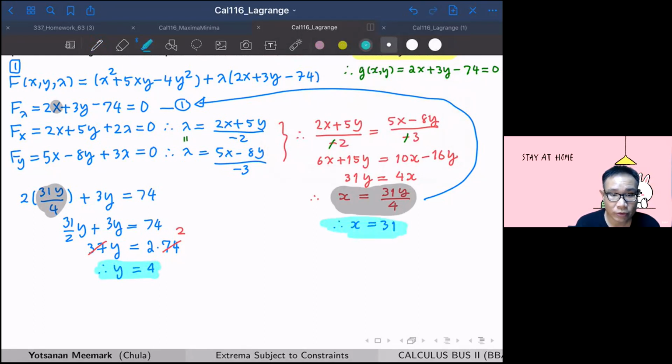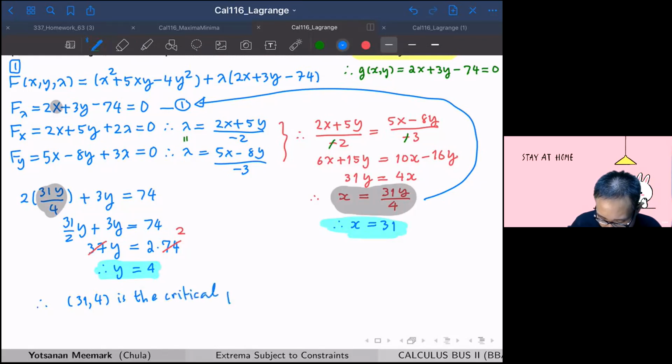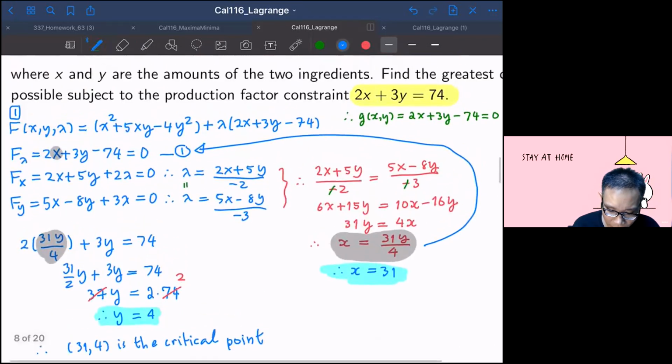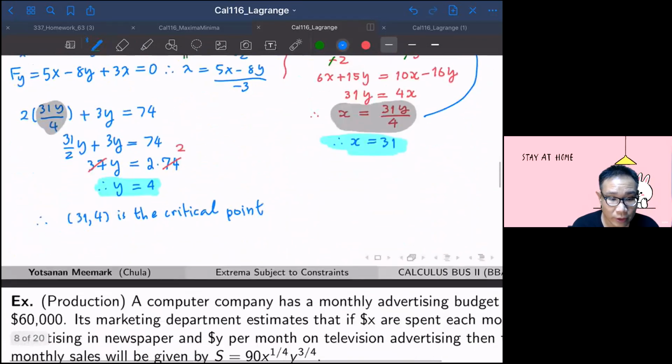So the critical point turned out to be (31, 4), and you're gonna have the maximum production.